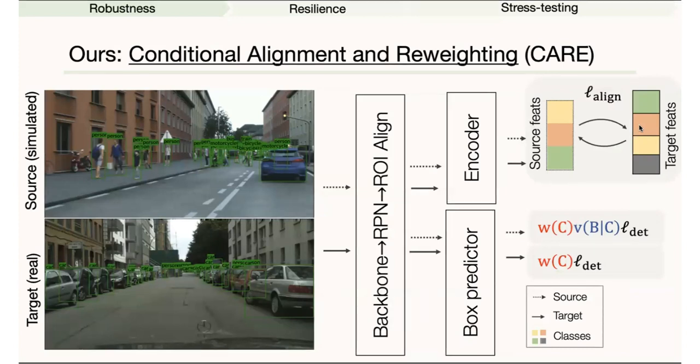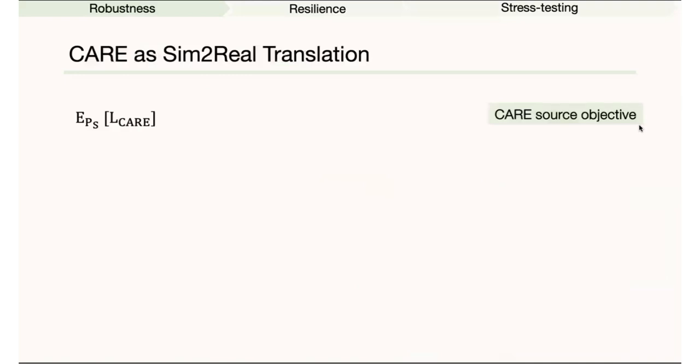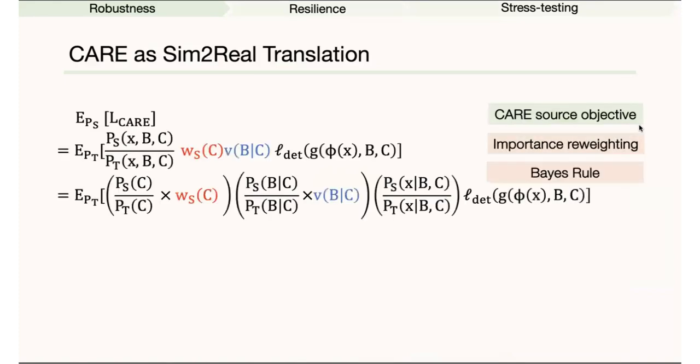And we show that, without going into too many details, we can interpret this quite easily as a sim-to-real translation framework in feature space. Essentially, if you consider the source objective that we optimize, we can plug in just some importance reweighting and Bayes rule, and we can get this big formulation here.